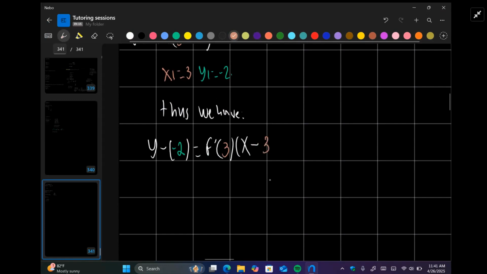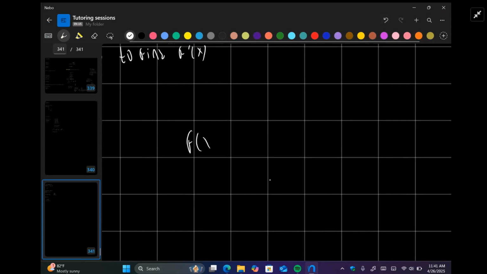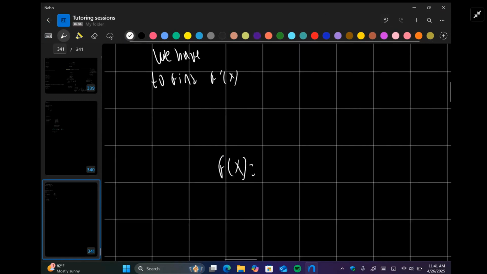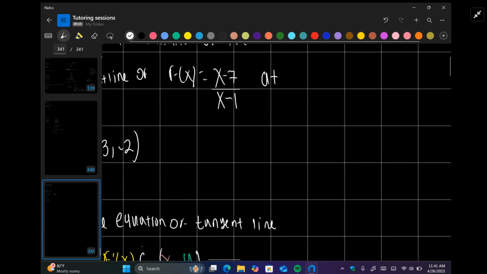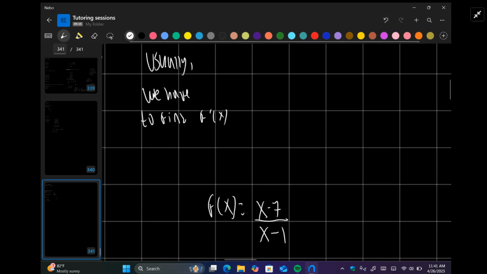Like I said, we need to find what this part is. So we have f of x is equal to (x minus 7) over (x minus 1).